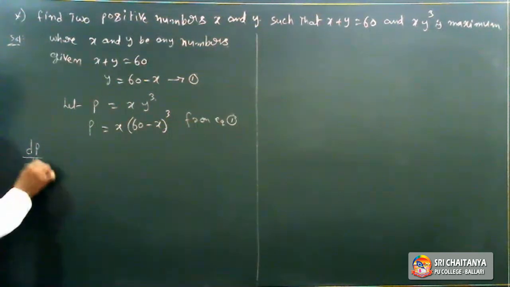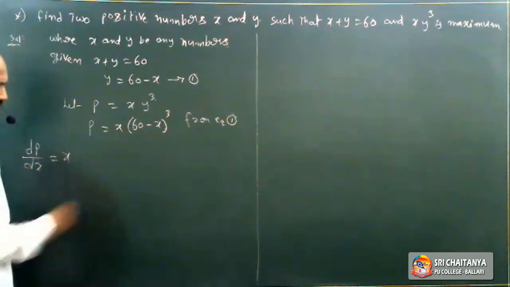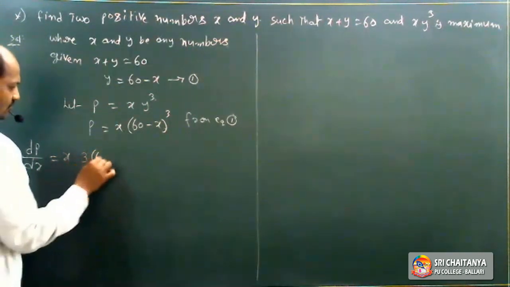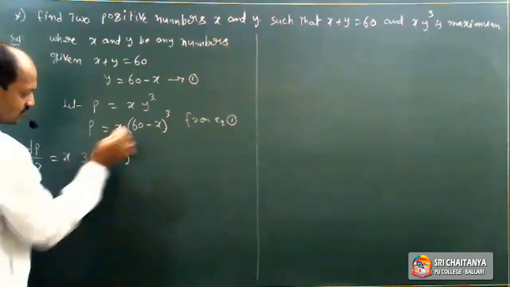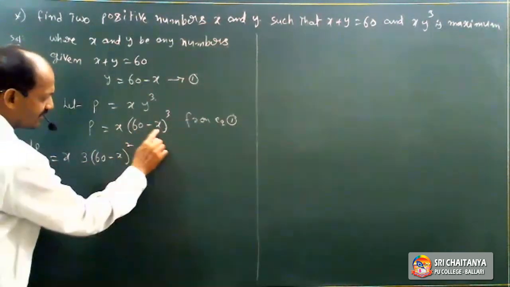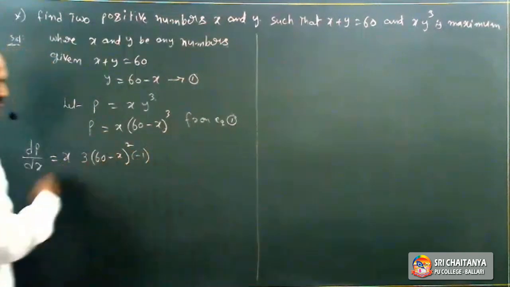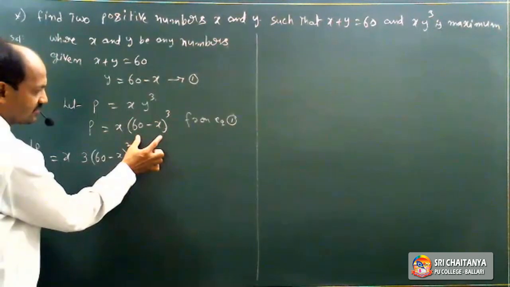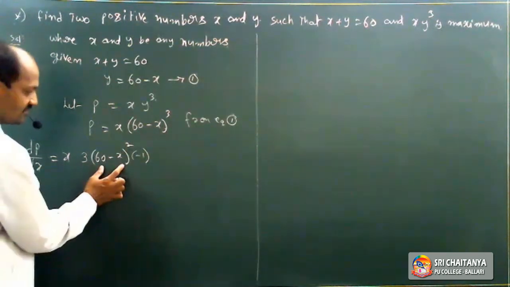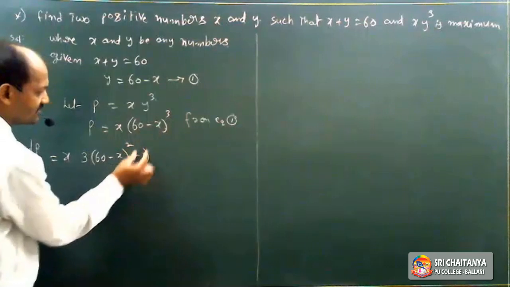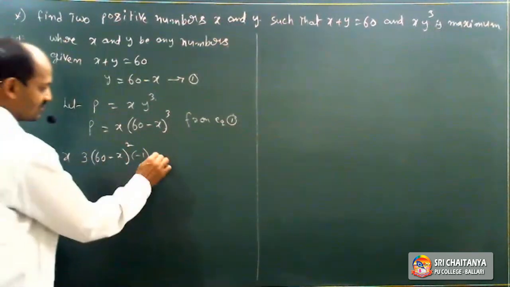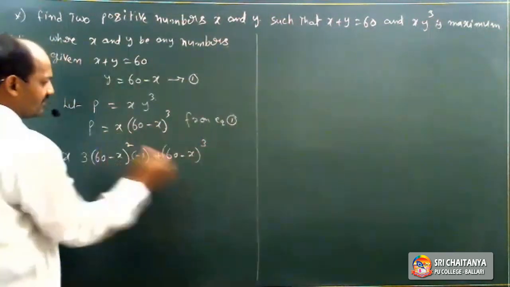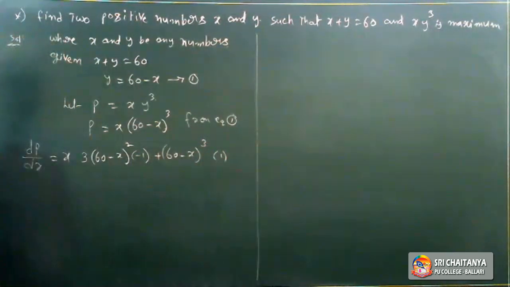So dp by dx is equal to x into the derivative of 60 minus x whole cube, that is 3 into 60 minus x whole square into the derivative of 60 minus x, that is minus 1, plus 60 minus x whole cube into the derivative of x, that is 1.